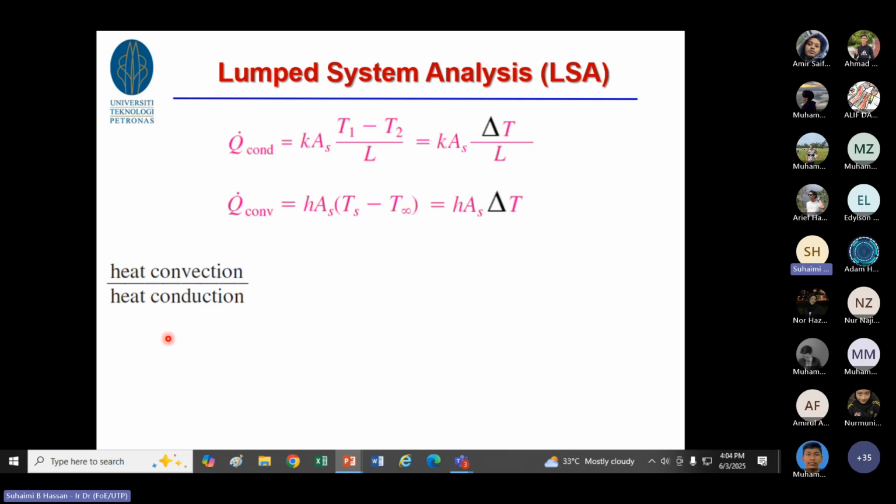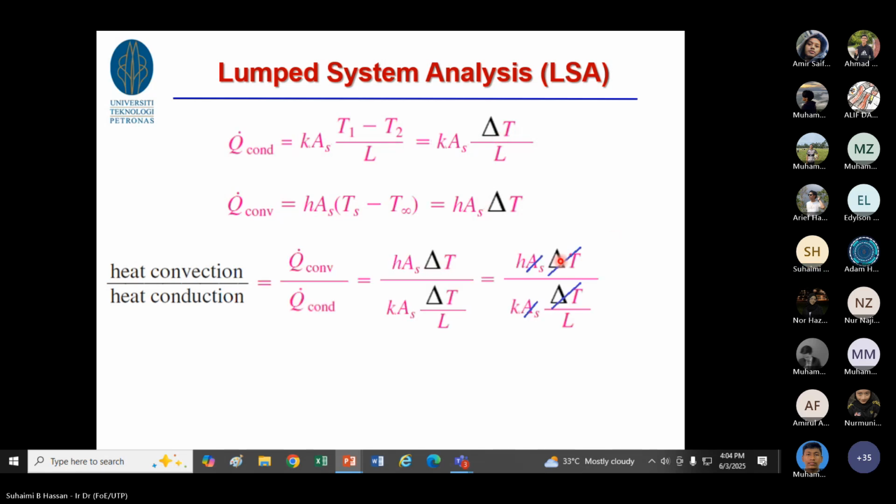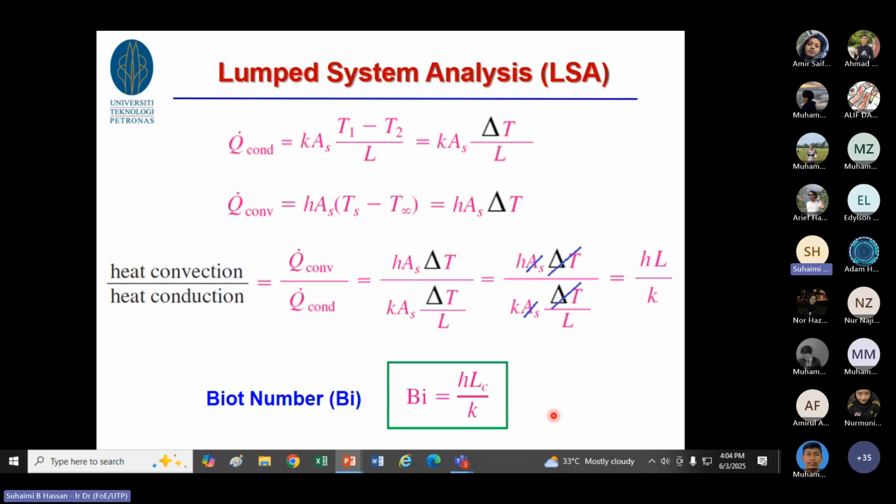If you put convection over conduction, and cancel the same parameters, the surface area and delta T, you will end up with one equation called hL over k. And this is actually the Biot number.